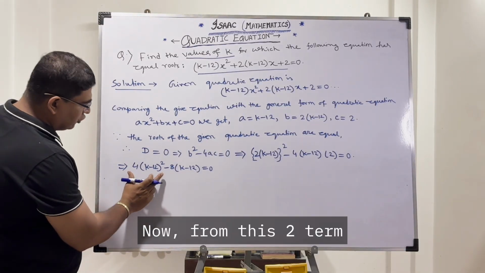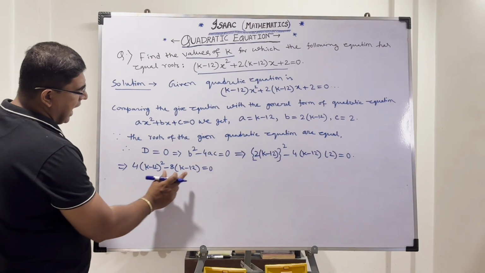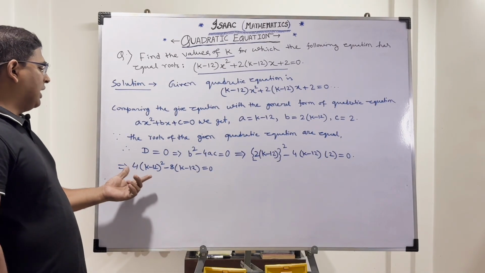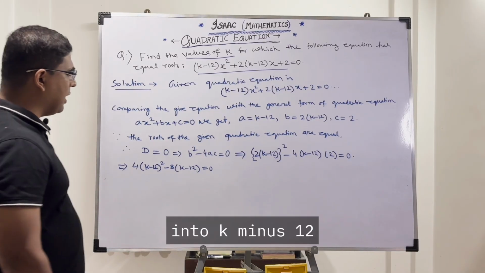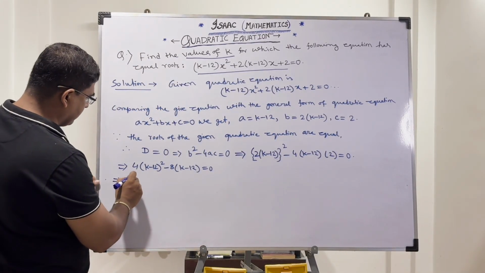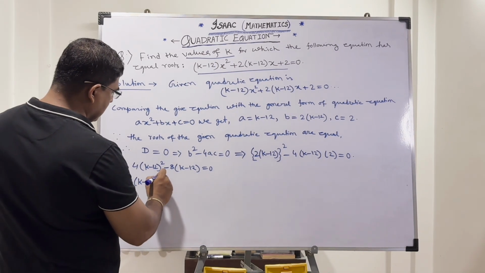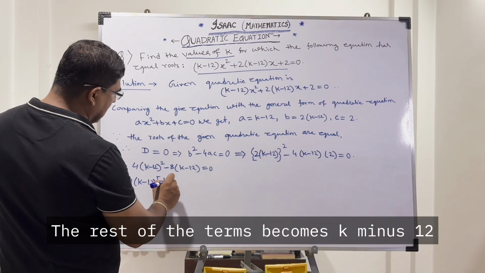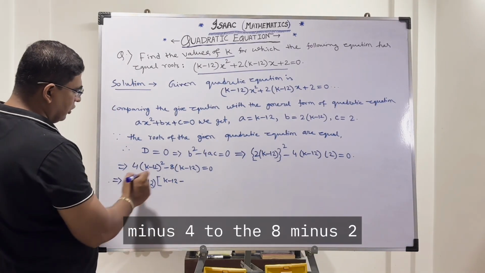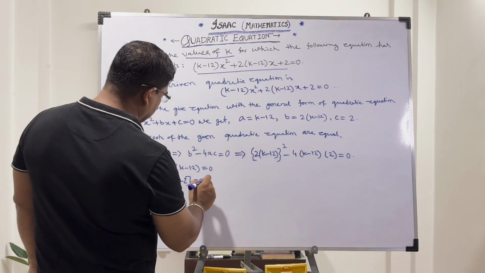Now from these two terms, the common factor is 4 into (k minus 12). The rest of the terms become (k minus 12) minus 2 equals 0.